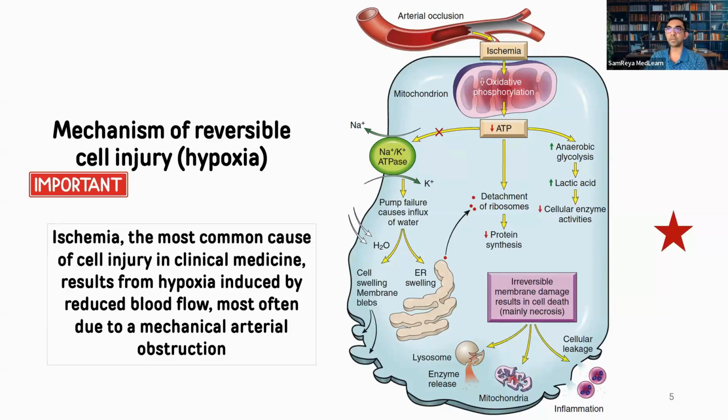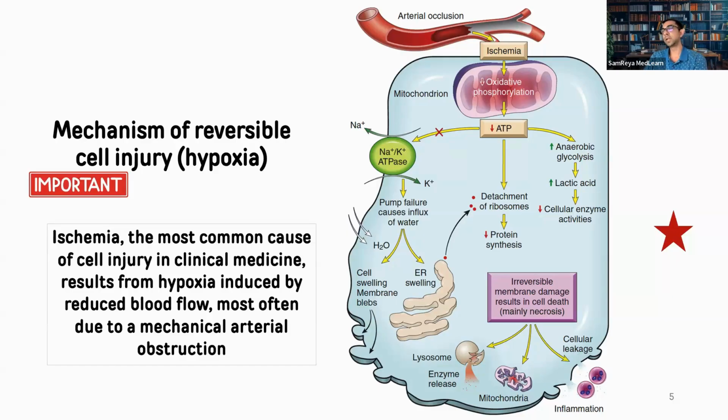That is the primary reason why hydropic change or cell swelling occurs. Remember, this is still reversible. The cell can survive and can reverse all of this back to normal. So this is not a permanent damage as of yet.